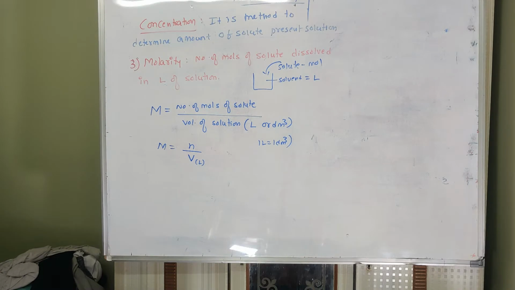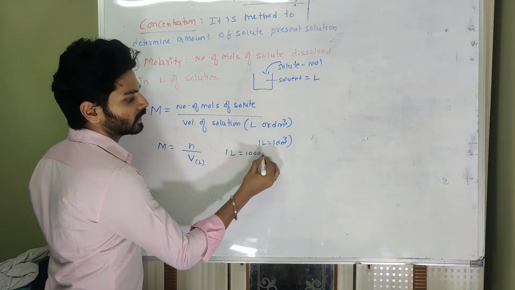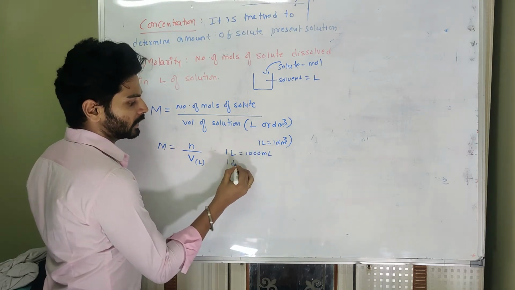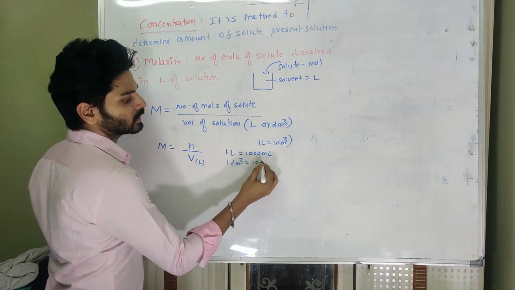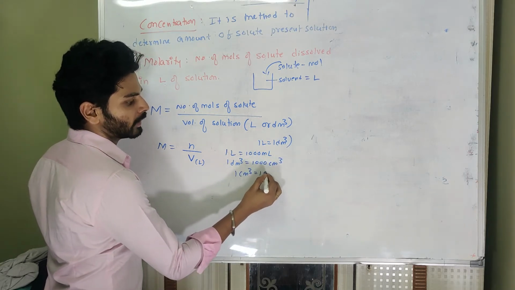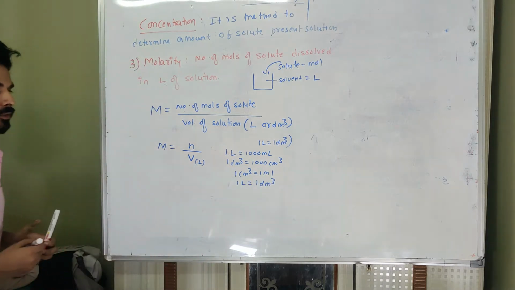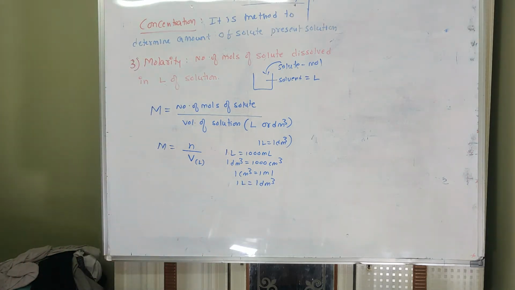Remember, here we have to put the volume of solution, and for conversion we have to know 1 liter is equal to 1000 ml and 1 dm cube is equal to 1000 cm cube. That means 1 cm cube is equal to 1 ml, so 1 liter is equal to 1 dm cube. This conversion factor we have to remember whenever things are given in ml or in cm cube. We have to convert that into liter or dm cube.